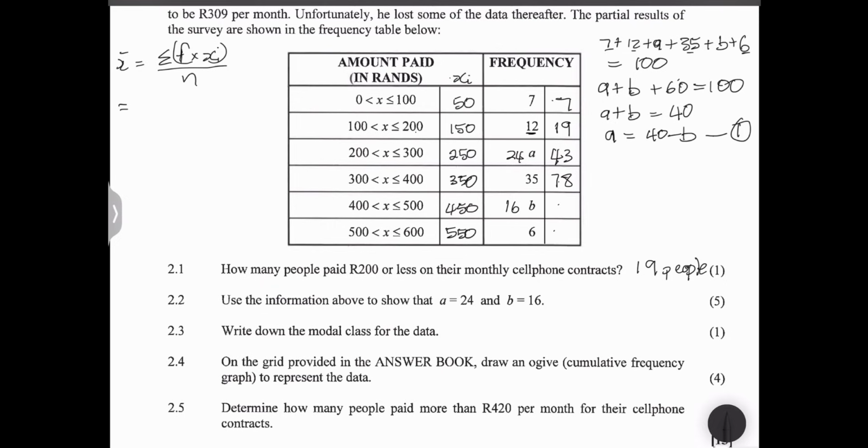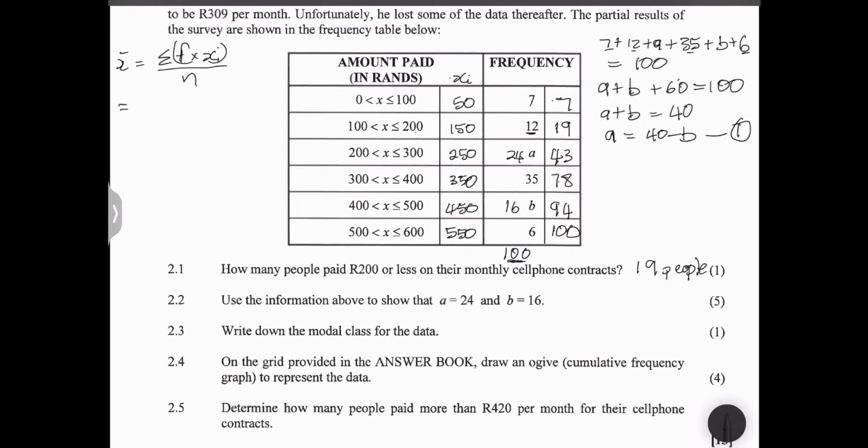Then 78 plus 16, that would give us 94. And finally 94 plus 6, that should give us 100. And by the way, you should always make sure that this gives us the very same value that we have there. So that tells us that we've done the right thing.